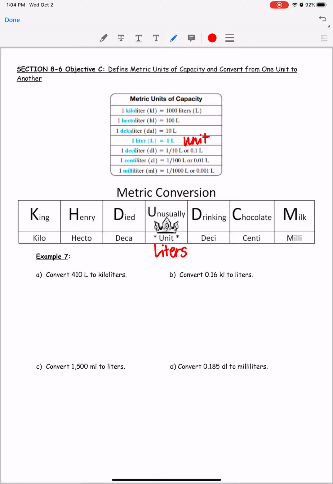So here, 410 liters to kiloliters. King Henry died unusually drinking chocolate milk. I'm going from my liters to my kilo right here. So move it 1, 2, 3 times.